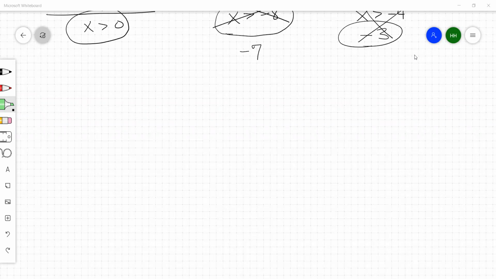All right, today we're going to cover factoring one more time. And our focus will be on factoring what's called perfect square trinomials.